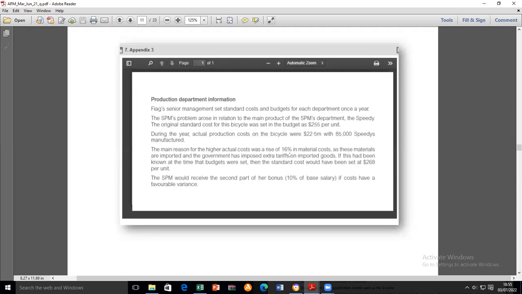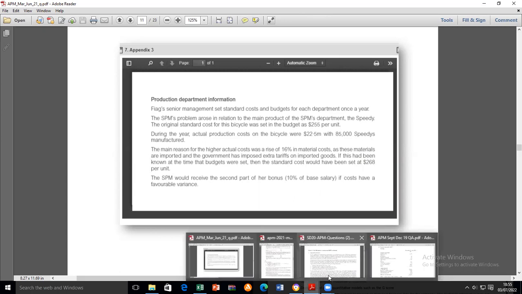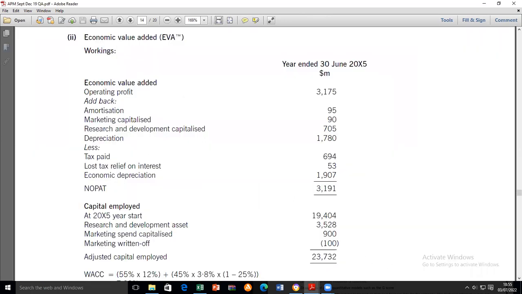So when you increase by 16%, what did we get? 255 by 16%. What's 295? It was 295.